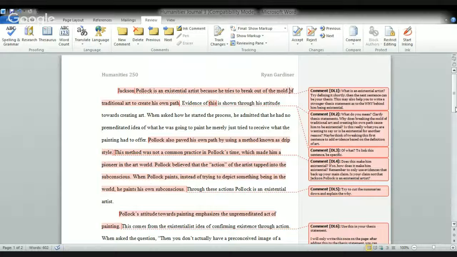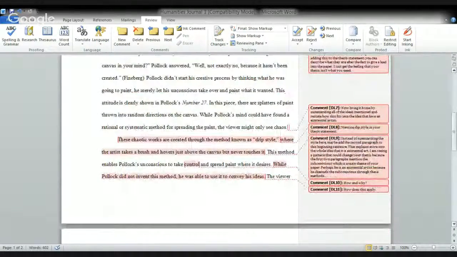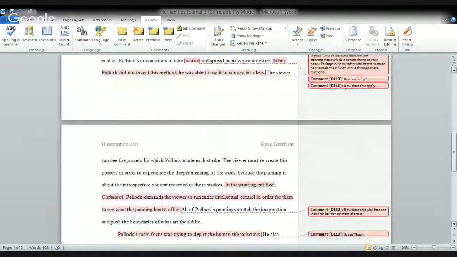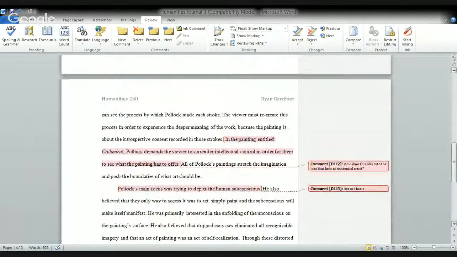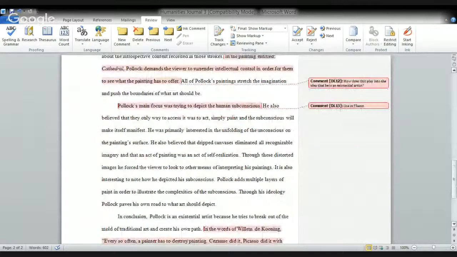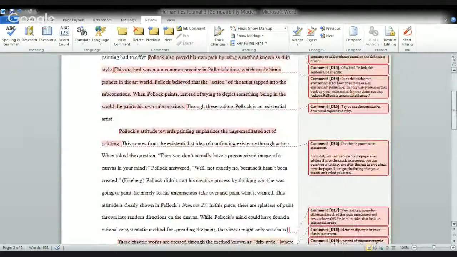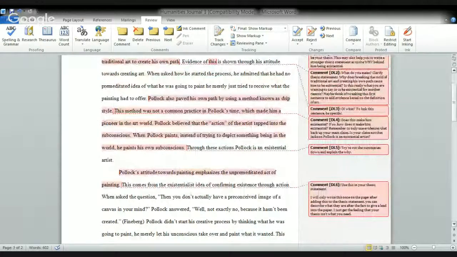Adding that, showing that really is him because of his unpremeditated act of painting, the drip style, and lastly, trying to depict the human subconscious. That's something that you're actually doing throughout the paper, and that's something that existentialism is in general.